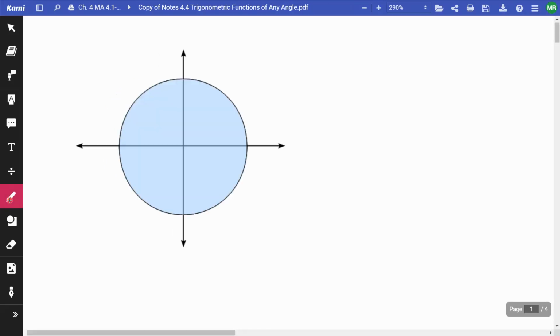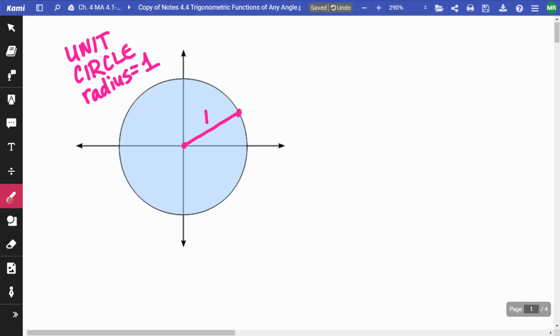So this one here is going to be a unit circle, which means our radius is 1. If I'm starting here and drawing out to anywhere on this unit circle, this is going to be a radius of 1, and this point here is going to be some x comma y.